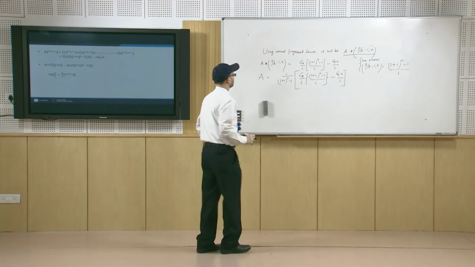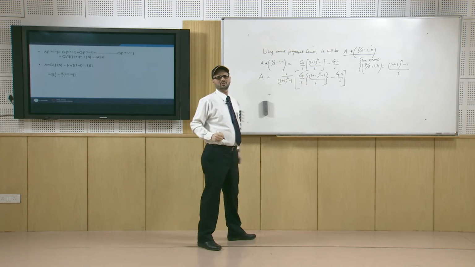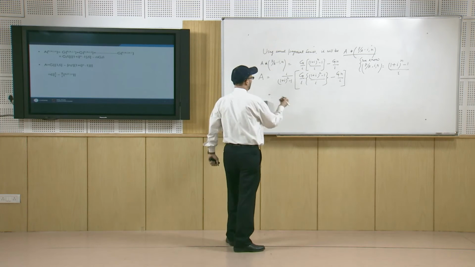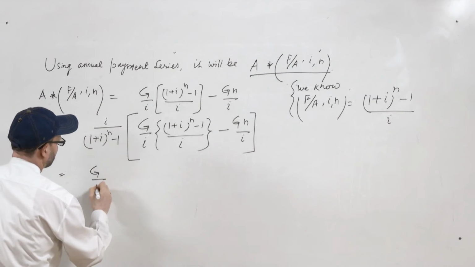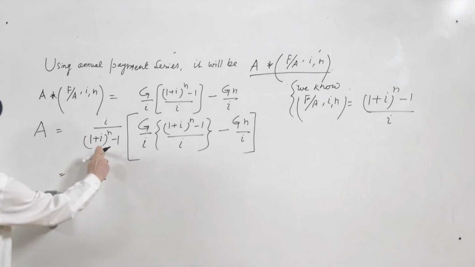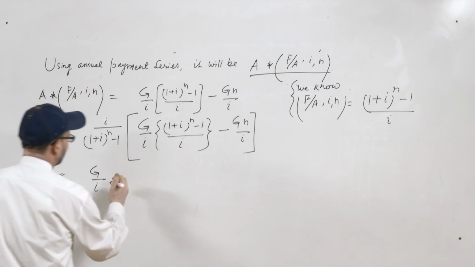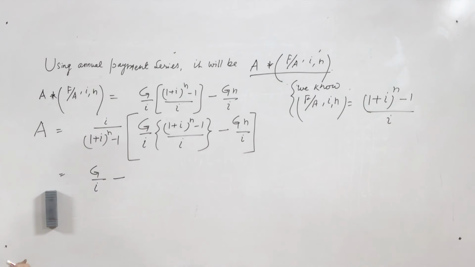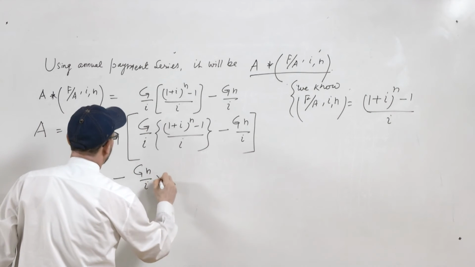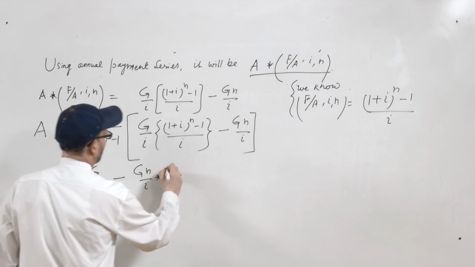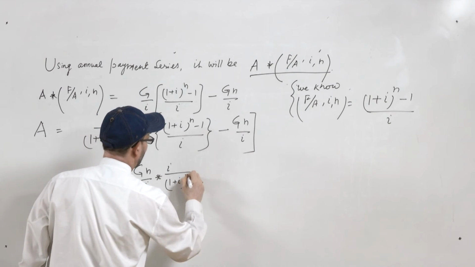Once you get this, now you have to again multiply these terms one by one. So, you get g by i, because this and this cancels, minus g n by i times i by 1 plus i raised to the power n minus 1.